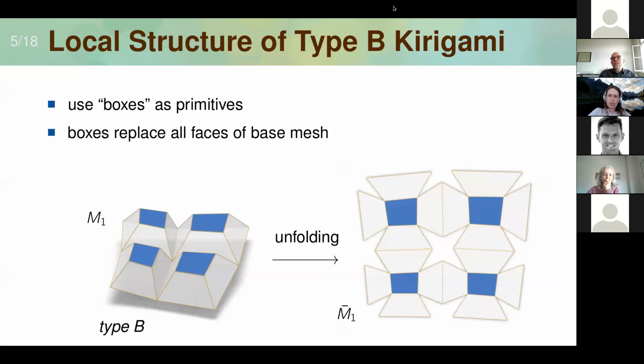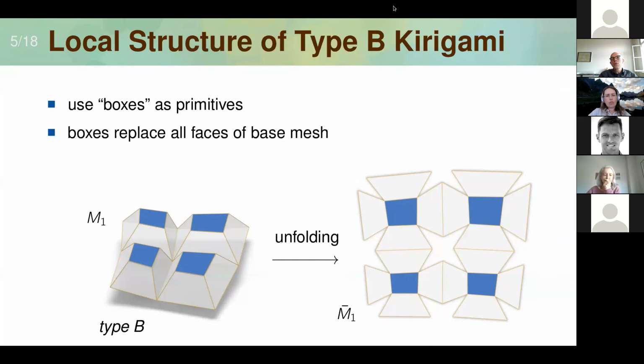It will be inscribed in a bigger quadrilateral. And you could say that the mapping that transforms the base mesh to the unfolding is a locally expanding mapping that maps a base mesh to another base mesh whose vertices are in the center of the 8-sided holes of the unfolding. And you can compute the factor of expansion from the local geometry of the box.